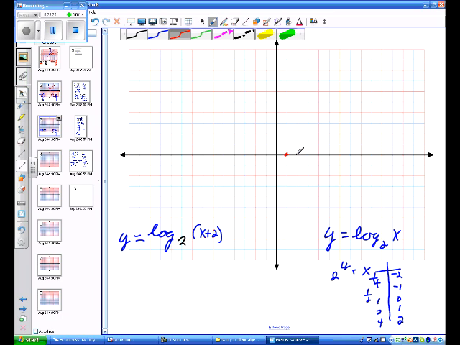So we've got (2, 1), (4, 2). And if we went out to 3, then 2 cubed would be 8, so we would have (8, 3). And then we have our values that are very close.